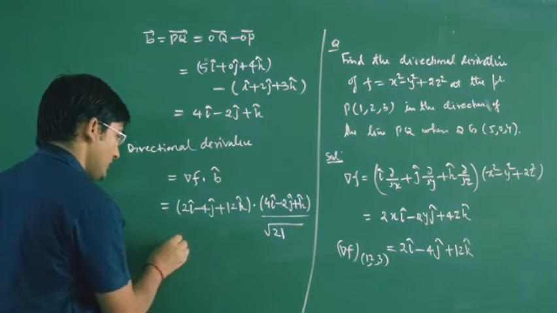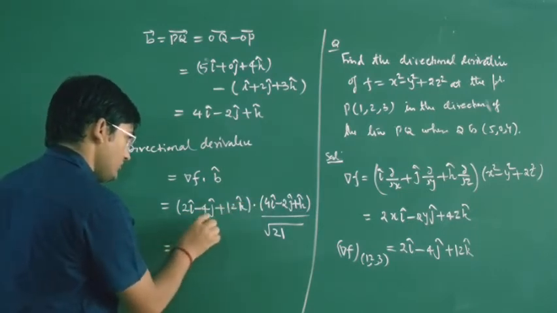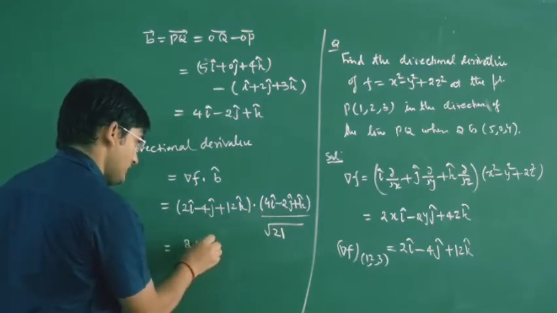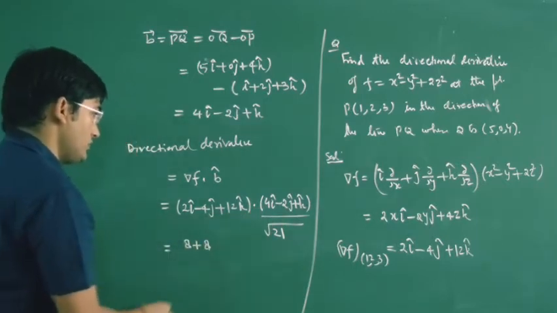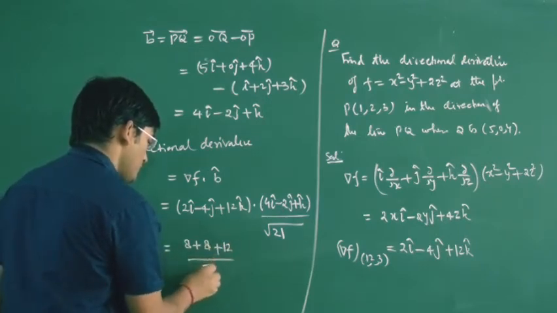Now i dot i is 1, so we have 8, j dot j is 1, so we have again 8, and k dot k is 1, so we have 12, upon square root of 21.